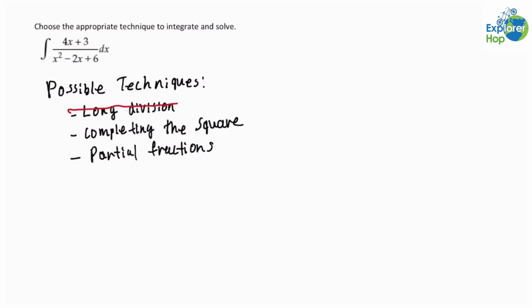We can also see that the denominator cannot be factored, so we can't use partial fractions. So this leaves us with completing the square, which we can do.